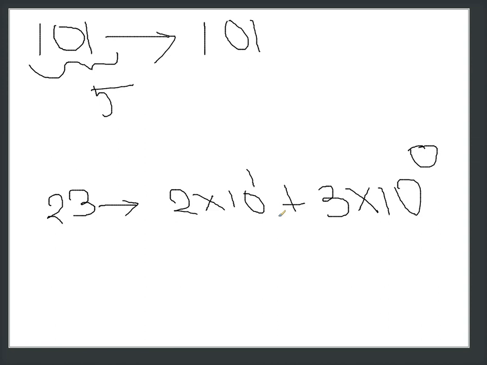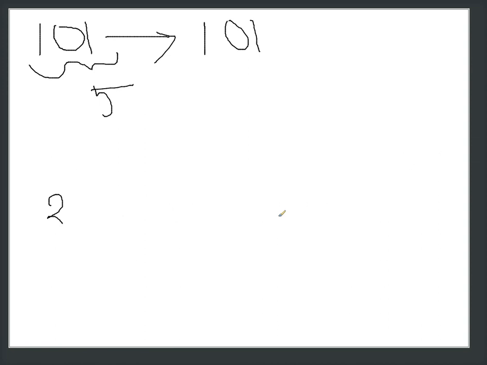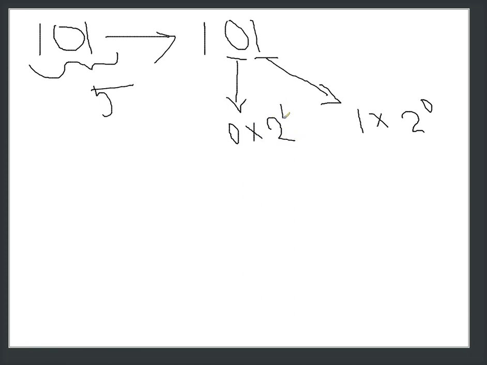Similar to that, this 101 is 1 into 2 raised to 0. I'm multiplying all of the positions with their weights, and 0 into 2 raised to 1, and this represents 1 into 2 raised to 2.